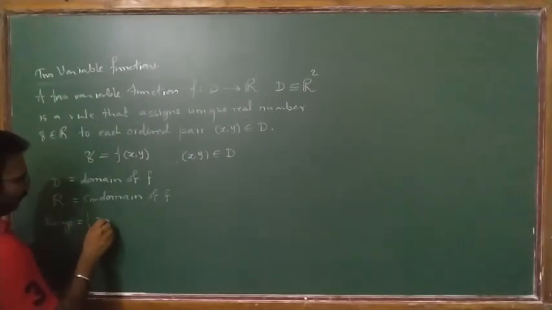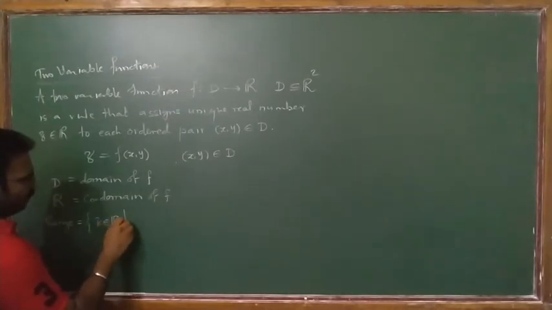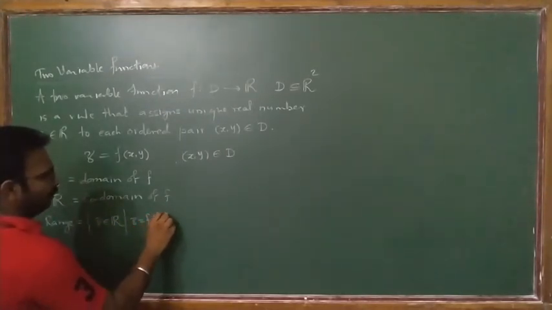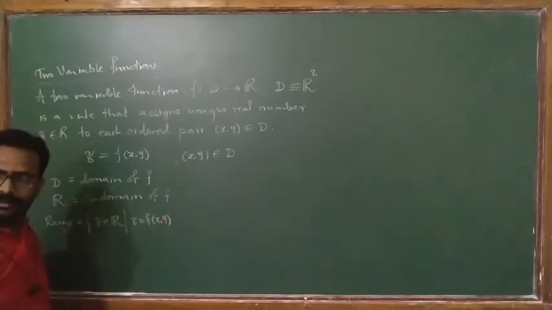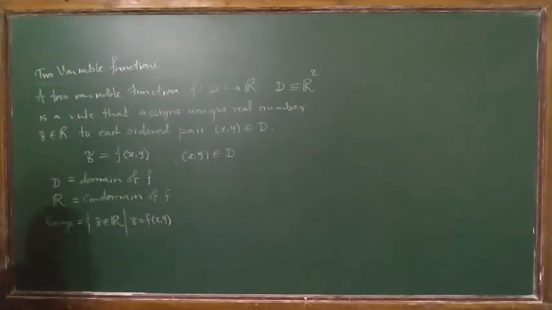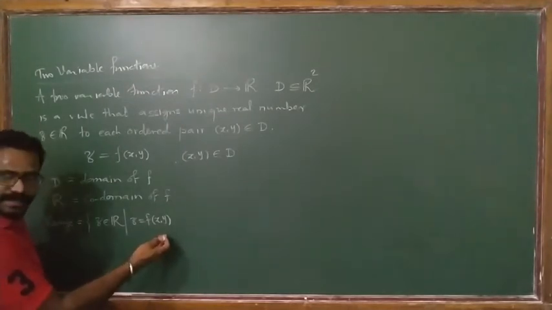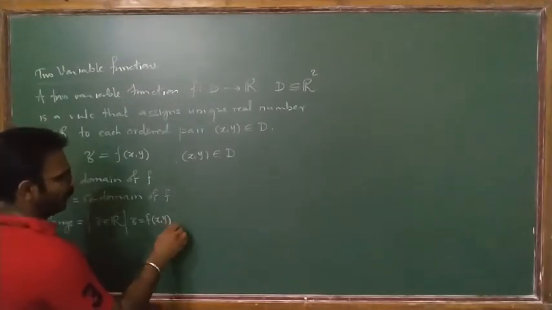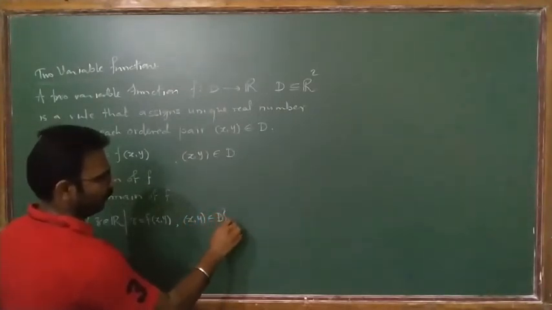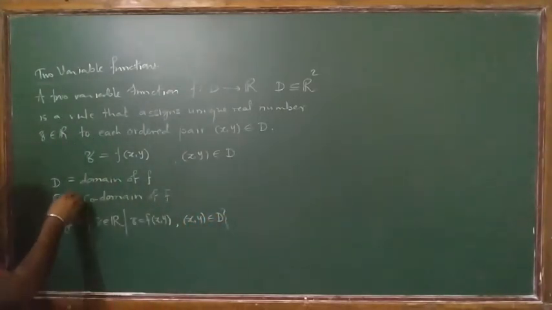So it will be the collection of all the elements z such that z is associated with an ordered pair xy, where z is a unique element in the codomain which is assigned to the ordered pair xy, where this xy is from the domain D. Domain is what?